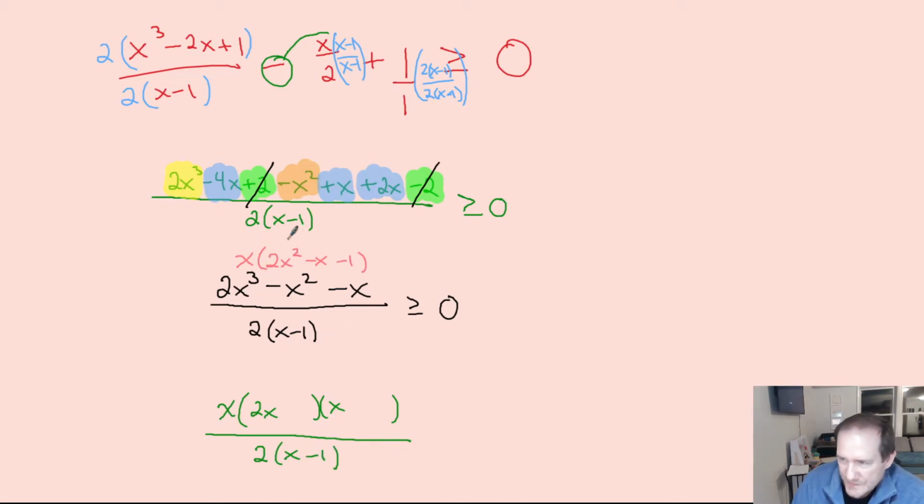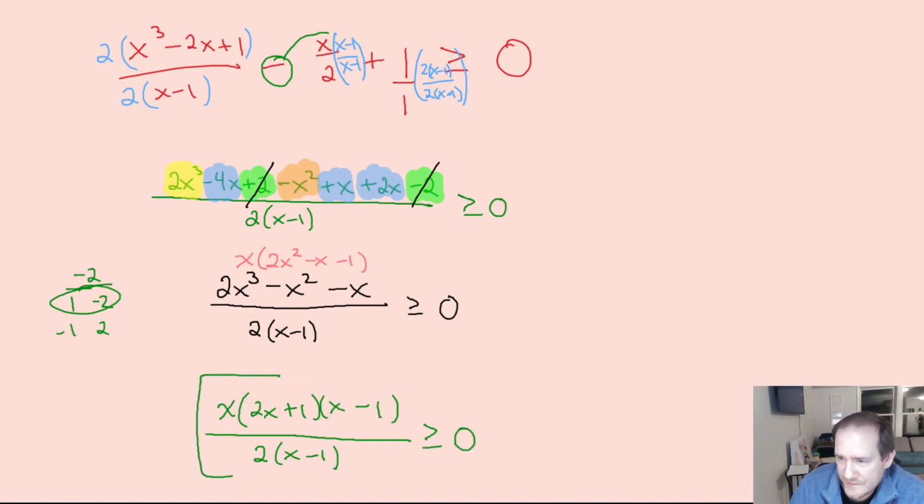Alright, so what does this thing factor to? Well, 2 times negative 1 is negative 2. I'm looking for factors that will give me negative 1. Literally the only factors are 1 and negative 2, or negative 1 and 2. And if I want a negative x, then I'm going to go with these factors. So to get that negative 2 as an outer product, I just need a negative 1. To get 1 as an inner product, I just need a plus 1. So there, I'm factored.